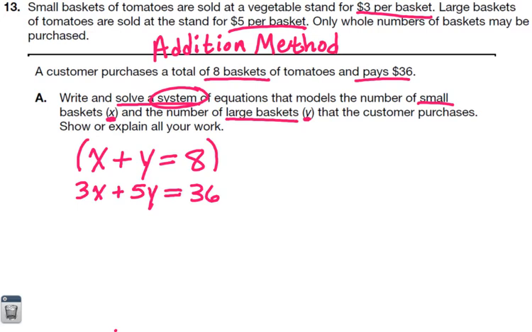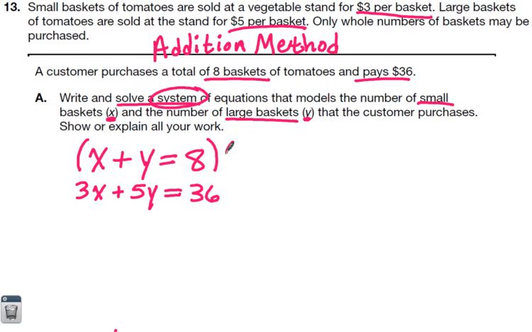But I want to do this really quick and hit on some more points. Instead of making the x's opposites, I want to make the y's opposites, because that was also a very good option. So as you see, at the start we have 1y and we have 5y. The best thing to do if I wanted to make the y's opposites is to make this 1y into a negative 5y and therefore make them opposites.